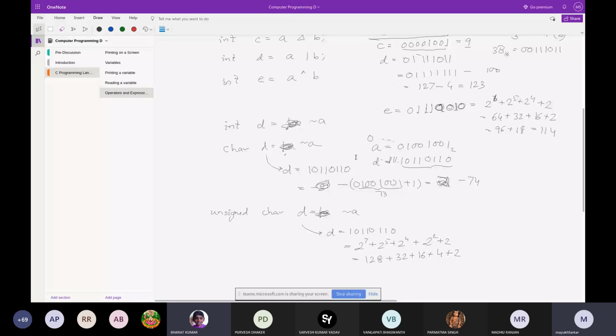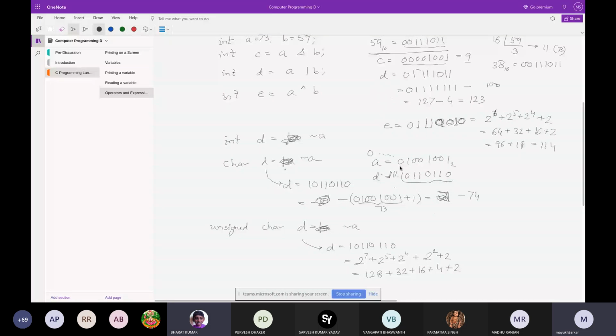In the character case, signed and unsigned, why did that negative 74 come? See, A was this, suppose A is 0, 1, 0, 0, 1, 0, 0, 1. I was storing it as an integer, so there were 24 more zeros in front of this.